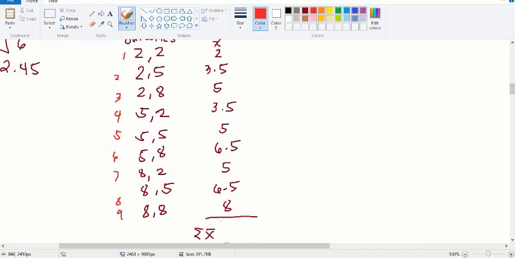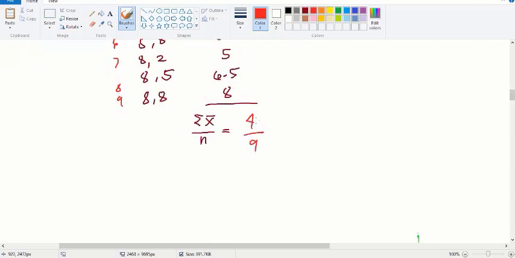So, let me use my calculator. 2 plus 3.5 plus 5 plus 3.5 plus 5 again. Okay, nalito ako ng konti. Plus 6.5 plus 5 plus 6.5 plus 8. Okay? 45. I think I'm right though. Anyway. So, 45. Okay, so the mean of the sample means now would be 45 divided by 9, 5.